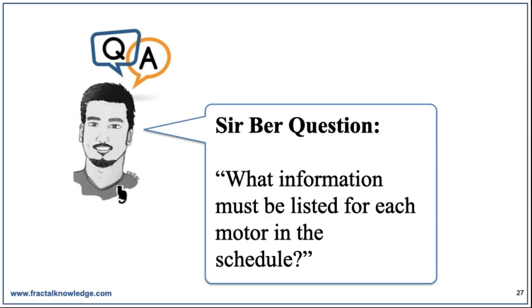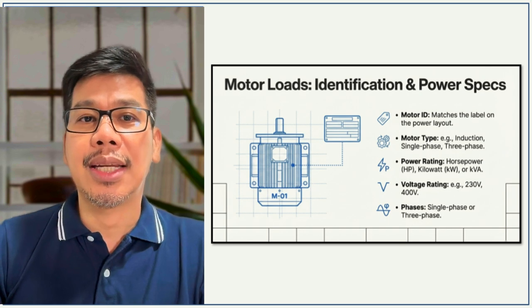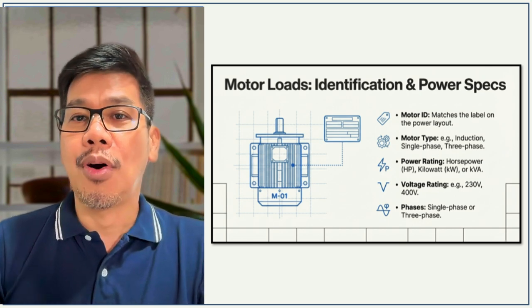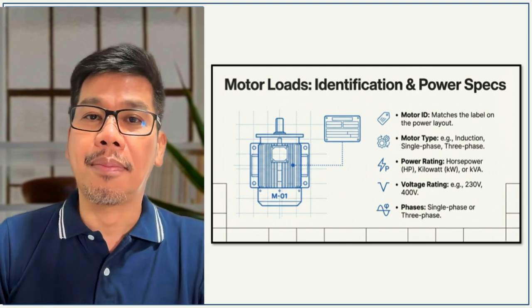Tanong again, what information must be listed for each motor in the schedule? Each motor must be clearly identified in the load schedule. This schedule includes motor ID, type of motor, power rating, operating voltage, and number of phases.